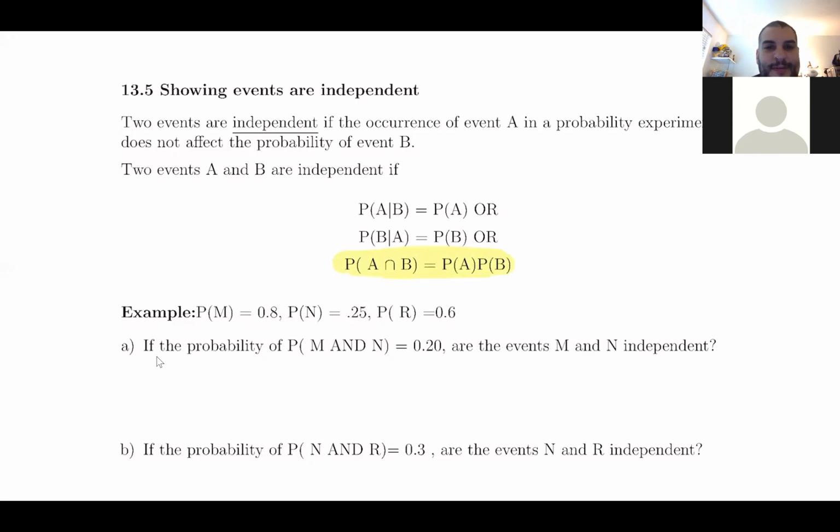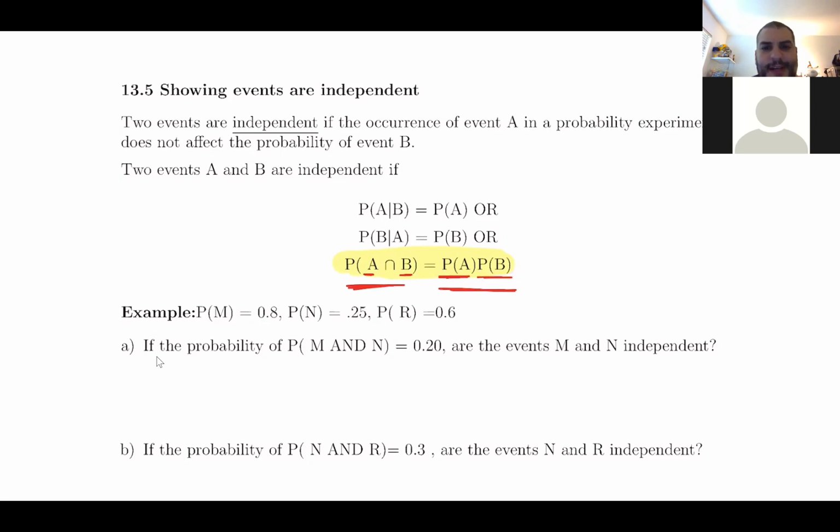If I want to find the probability of event A and B occurring, all I have to do is get the probability of event A and multiply it by the probability of event B. If the events are truly independent, this probability will be equal to the right-hand side.